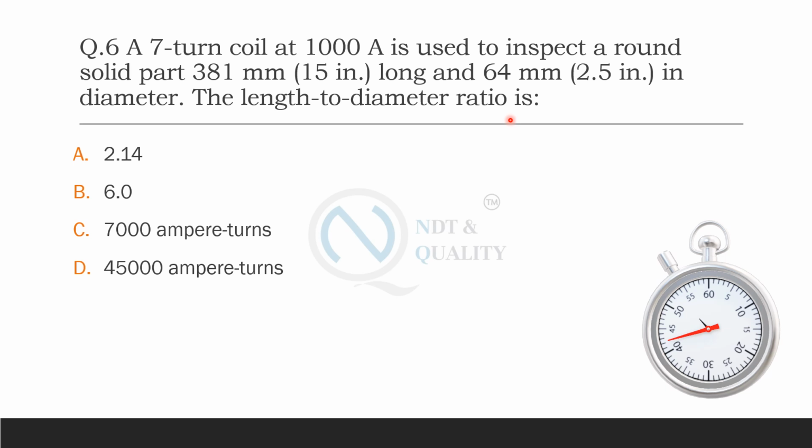But what students do is blindly put in the formula N into I is equal to 45,000 divided by L by D and put in the values, but then they realize they are asking for the length to diameter ratio. Length is given here, 15 inch, and diameter is 2.5 inch.